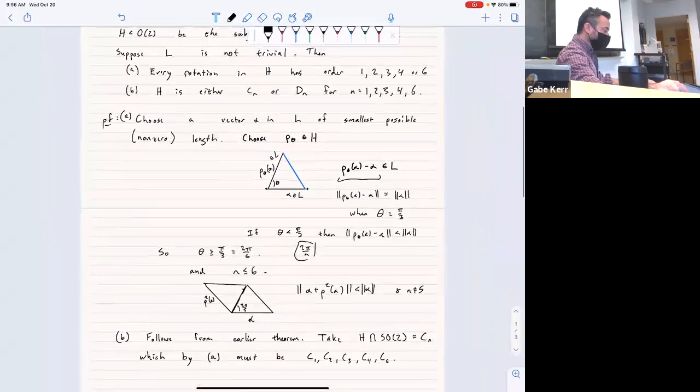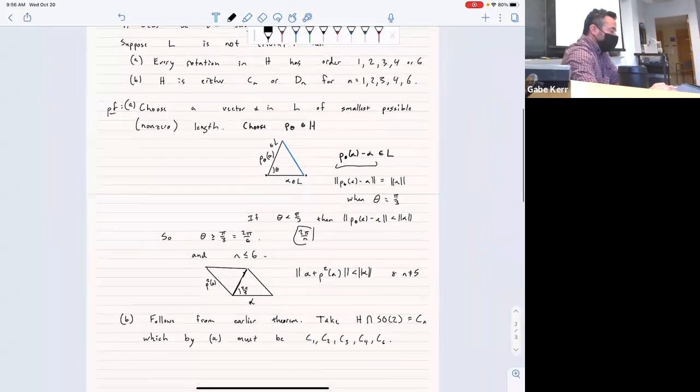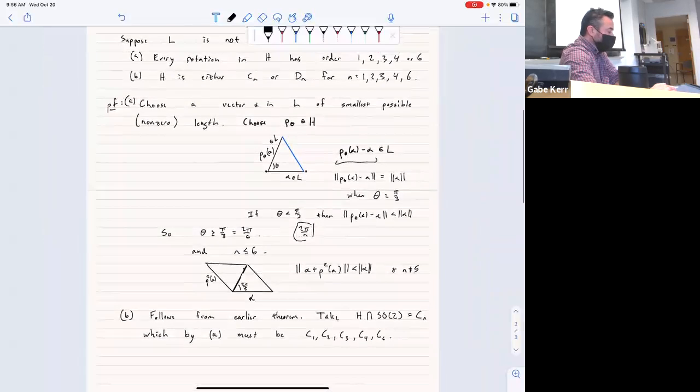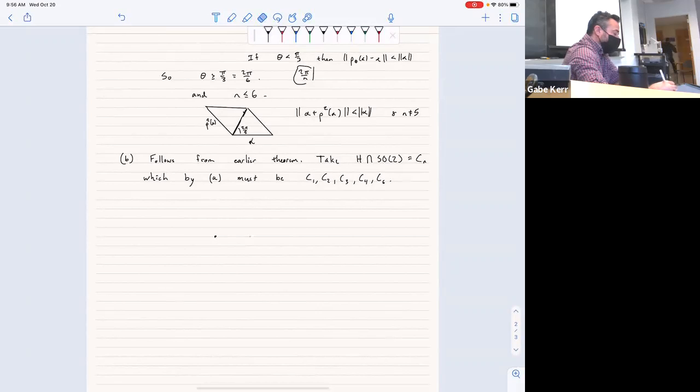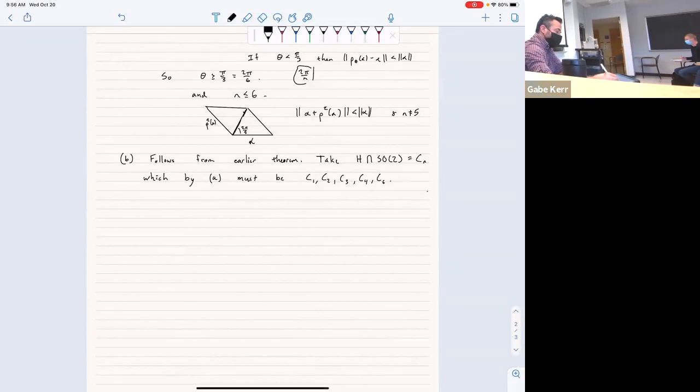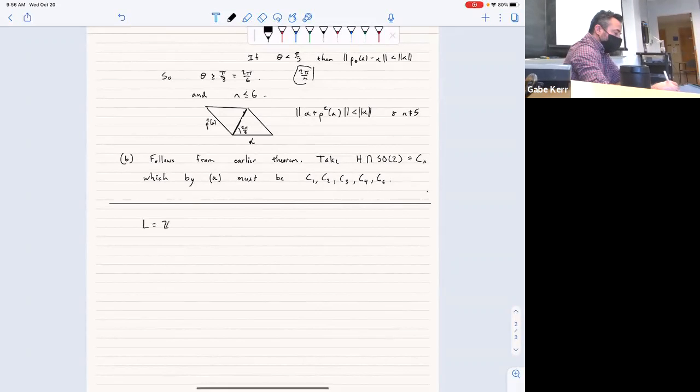So what are the lattices that correspond to these? Well, these different numbers. We sort of saw one, maybe we saw two. Let me just say a couple more words. If you have L equaling Z, then as we just saw, we'll get C2.